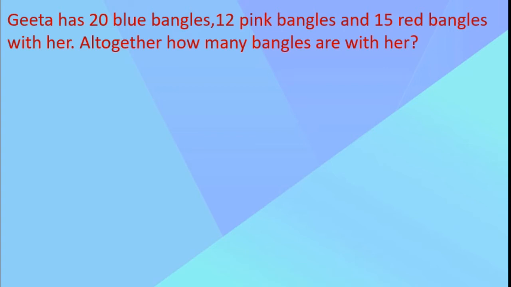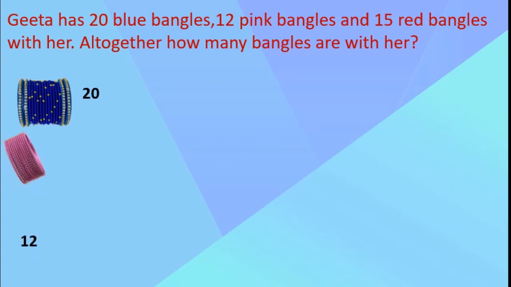Geeta has 20 blue bangles, 12 pink bangles and 15 red bangles with her. Altogether, how many bangles are with her? What does she have? 20 blue bangles, 12 pink bangles, and 15 red bangles.